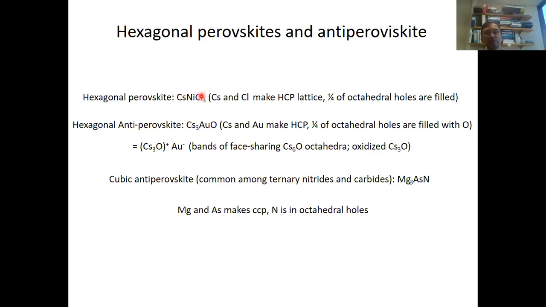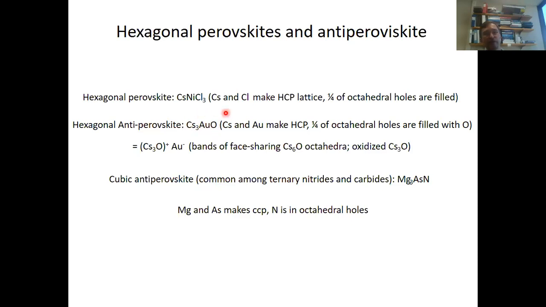In this case, the anions and one of the cations, so in this example chloride and cesium, make the HCP lattice, and then one quarter of the octahedral holes will be filled with nickel. We can also have a hexagonal antiperovskite. And anti means in this case that only the cations make the lattice, and then the anion fills the holes.